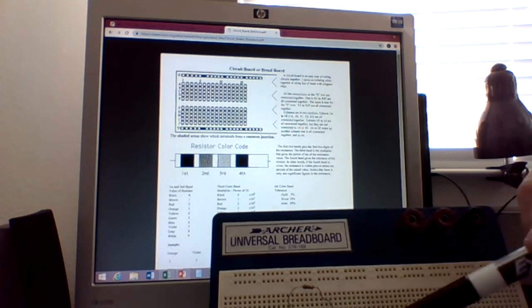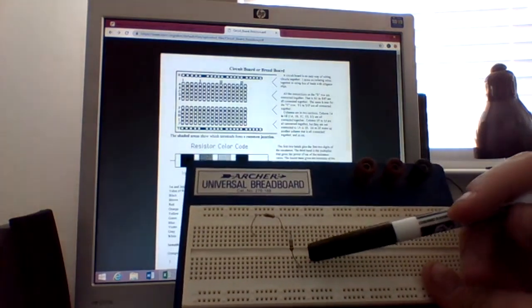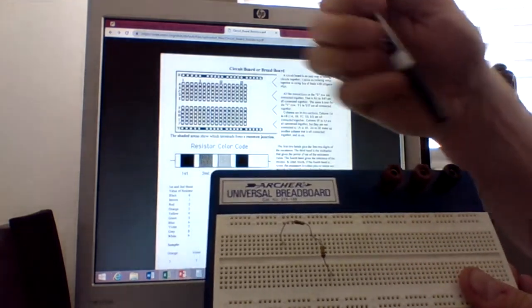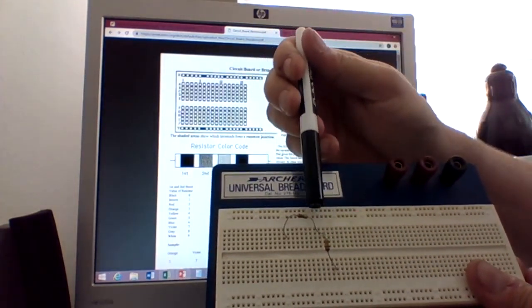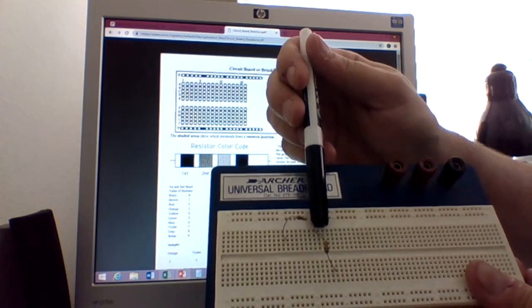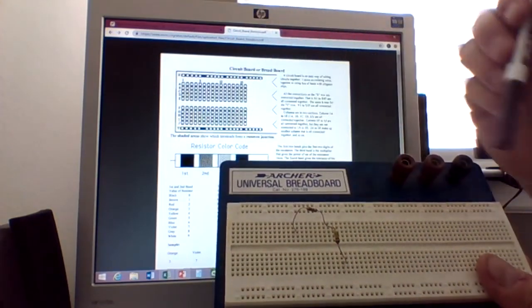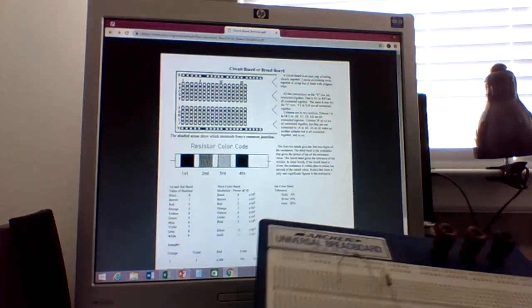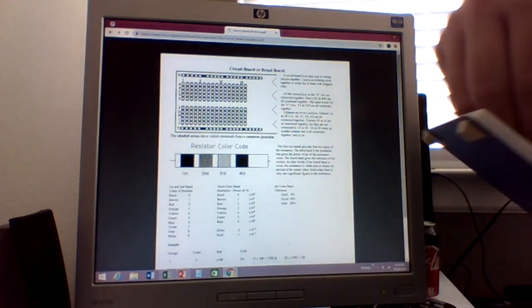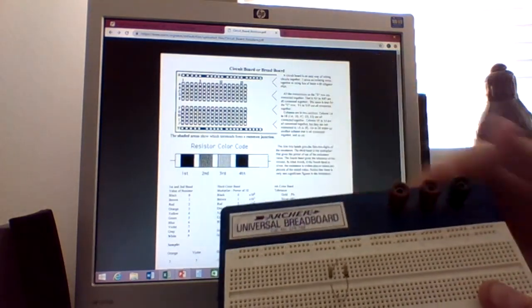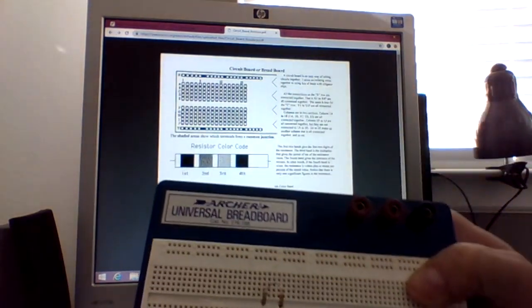So now you'll notice that this one resistor here starts here, goes through the resistor, goes into right here, into that row. And so these 2 resistors are actually connected right here, and then it comes over here. So these 2 are in series. If I wanted to do them in parallel, I could easily just move the resistor over that way, and now those 2 resistors are exactly in parallel.